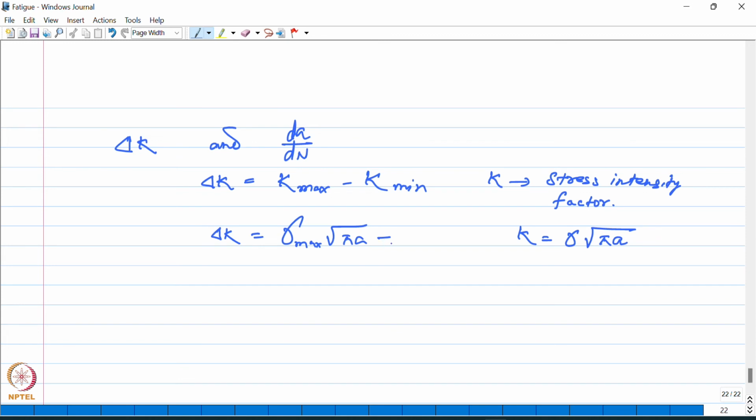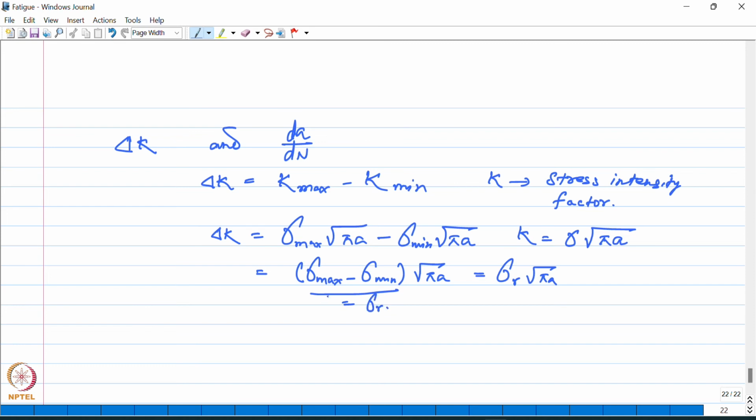minus sigma minimum into square root of pi A, which can be also rearranged to write it in terms of the stress range sigma R, because sigma max minus sigma minimum is equal to sigma R. Okay.